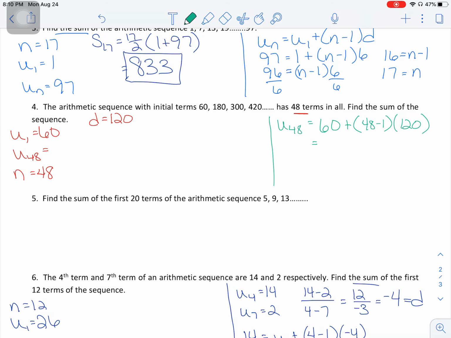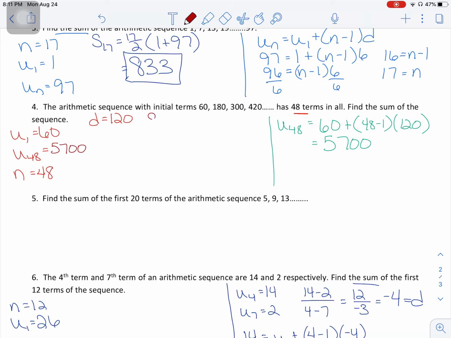All right, and let's see what we get here. That is a substantially large number. 5,700 is the 48th term in the sequence. Now using that information, the 48th term here is 5,700.